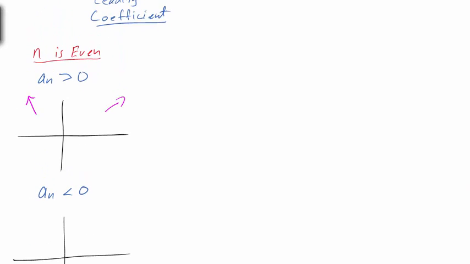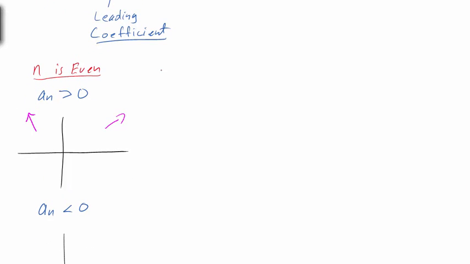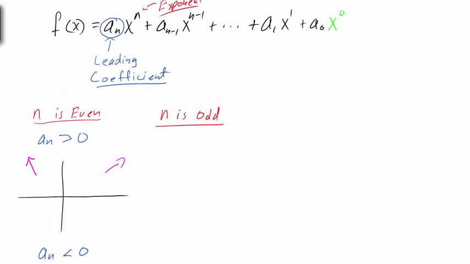All right, then what's the other possibility? Well, what happens if n is odd? If n is odd, now what is n? N again is the exponent. So if your exponent is odd and your leading coefficient is positive, so it's greater than 0, what's going to happen to the graph?